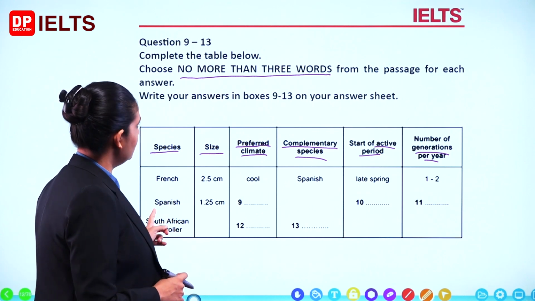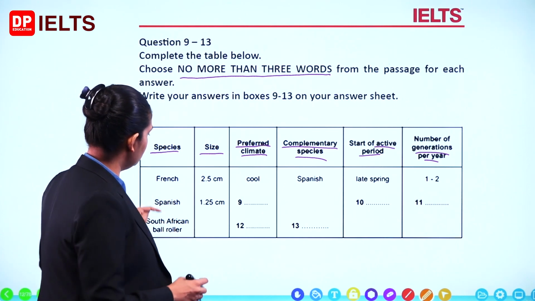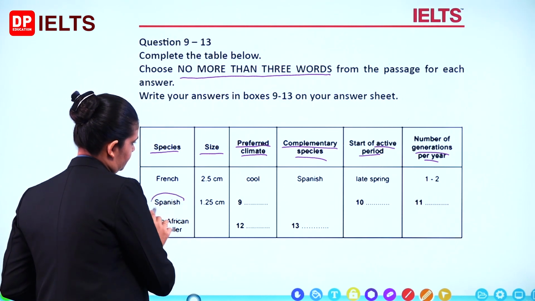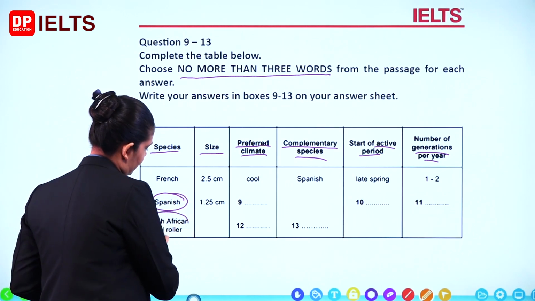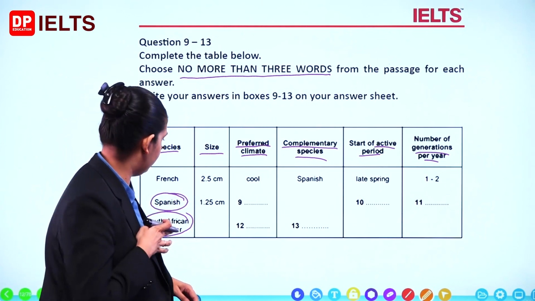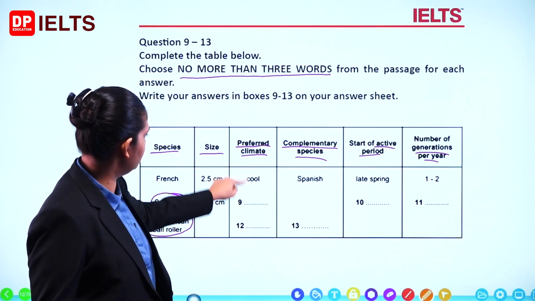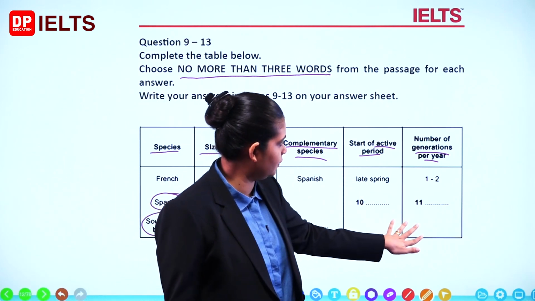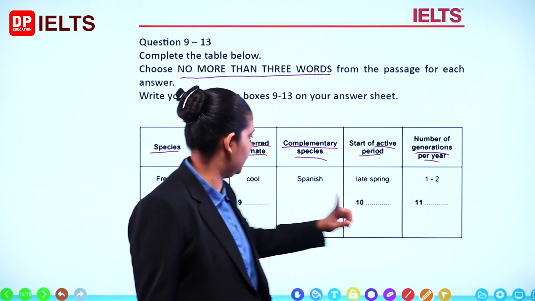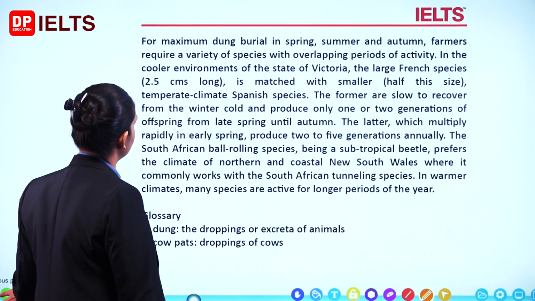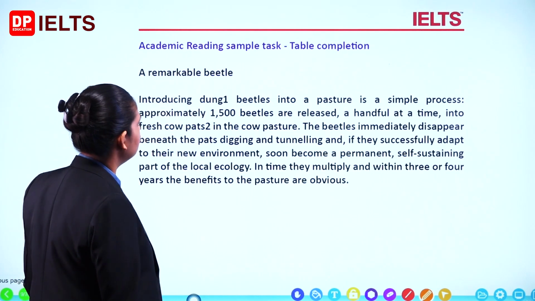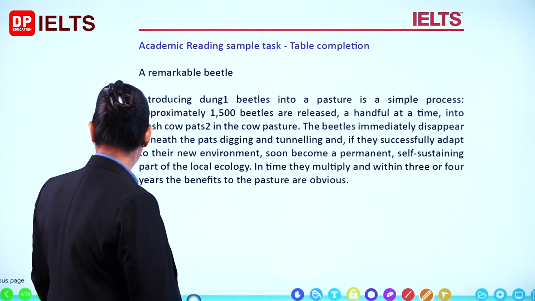Right, okay, so let's have a look at it. Now we're supposed to find details about the Spanish species as well as the South African ball roller, right? So Spanish: preferred climate, start of active period, number of generations per year. So let's go and scan Spanish. Okay, scanning.